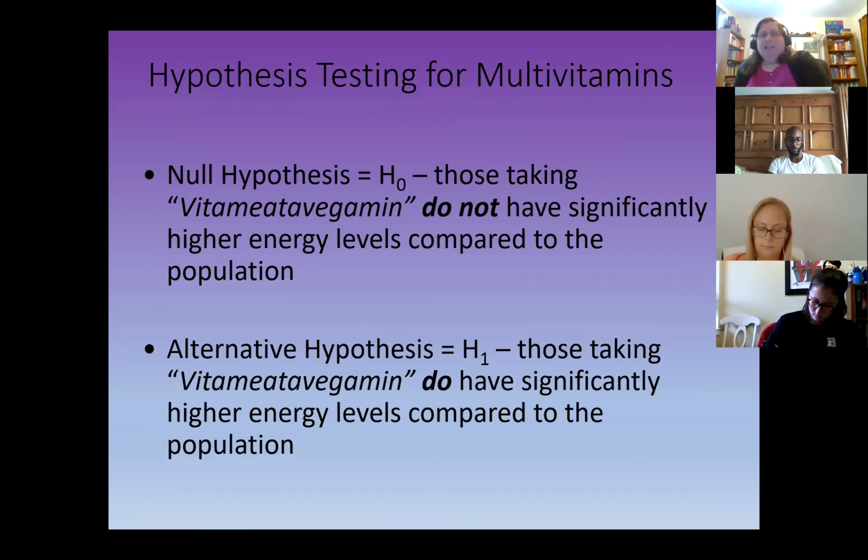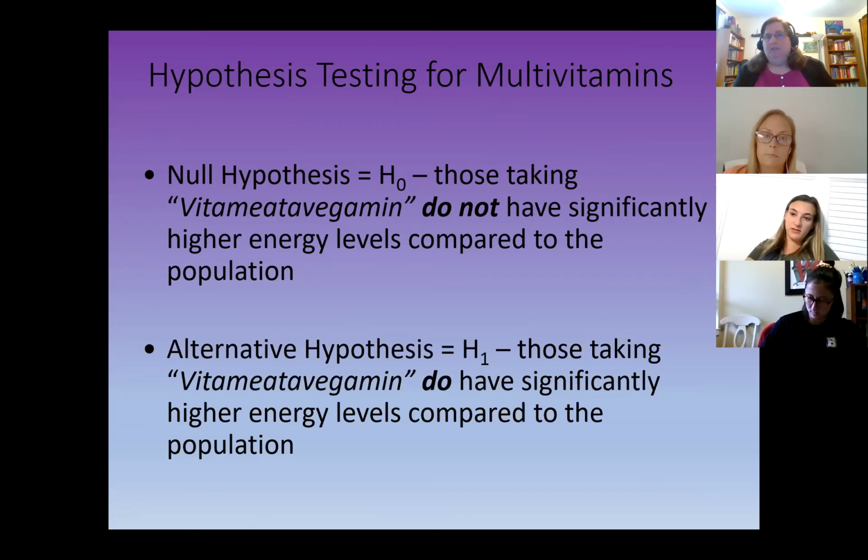So here's the question. Why do I not say for my null, those taking vitamin A vegemin have significantly lower energy levels compared to the population? Why would that be not such a great null hypothesis? Is it because you're comparing it to the normal level of energy and you're not trying to prove that people have low energy without it?